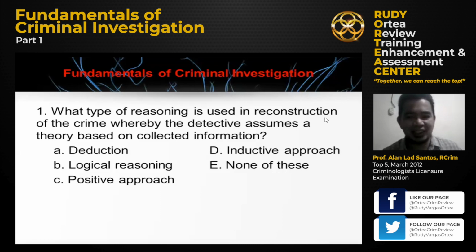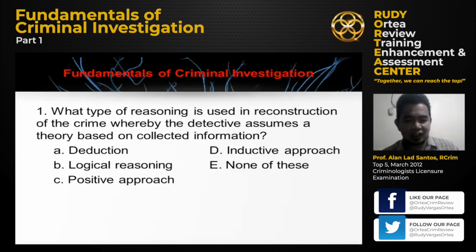Okay, anybody? So guys, a positive approach is not the answer in this one. No, hindi positive approach. Letter E, hindi rin yun nasagot. Okay. Logical reasoning as John.